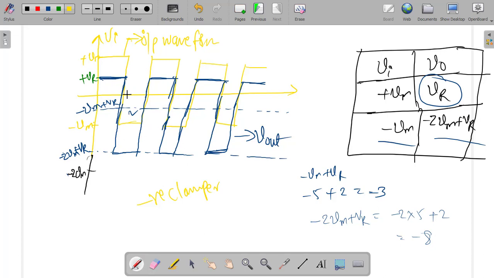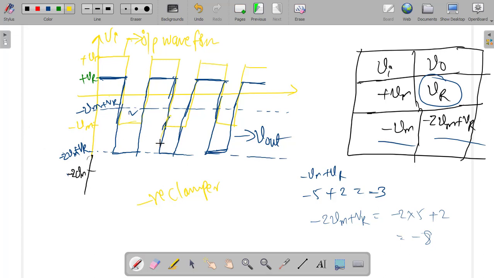If there is no reference voltage, then Vr might be 0. Just like in the previous circuit we discussed, in place of Vr you will get 0 voltage as reference whenever Vi is equal to plus Vm.